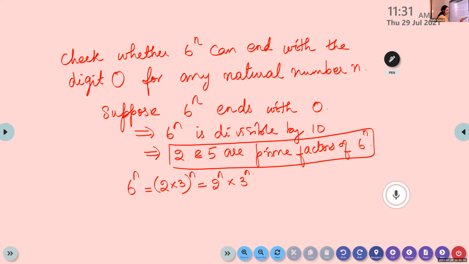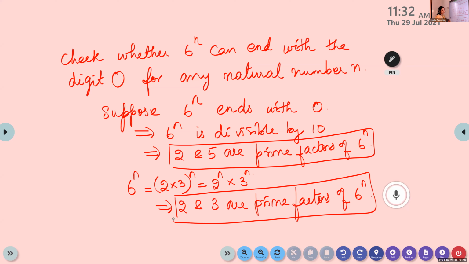So here we get 2 and 5 are prime factors. Here we get 2 and 3 are prime factors. But what the fundamental theorem says is that whenever we prime factorize a number, it will be unique.